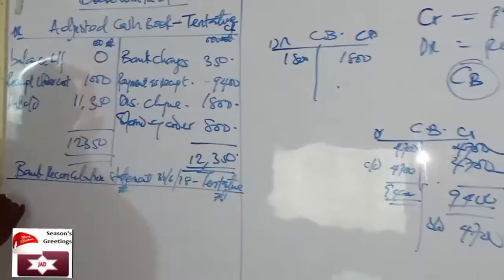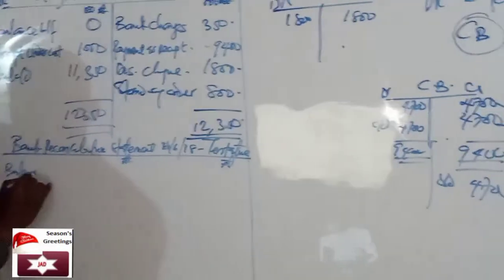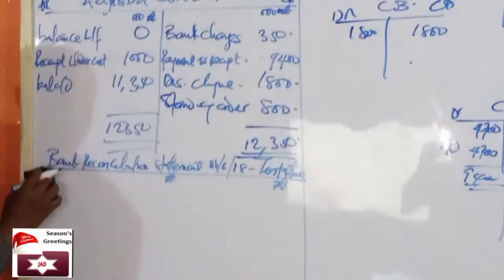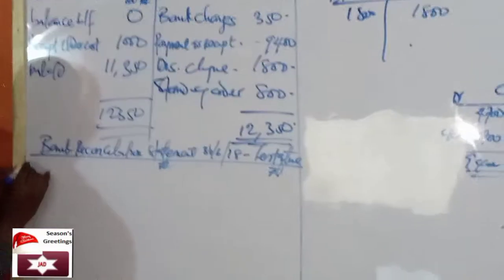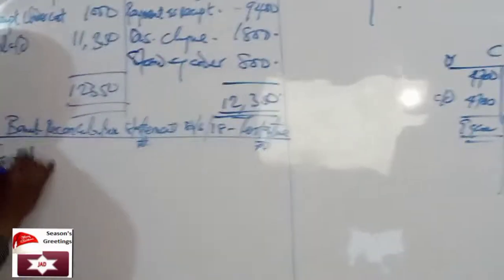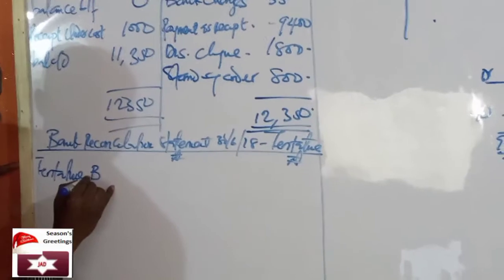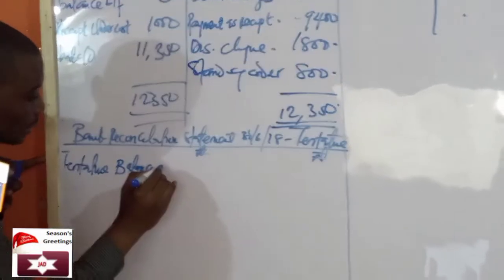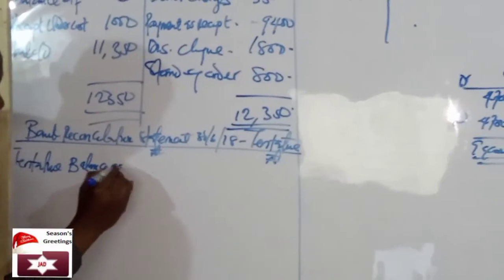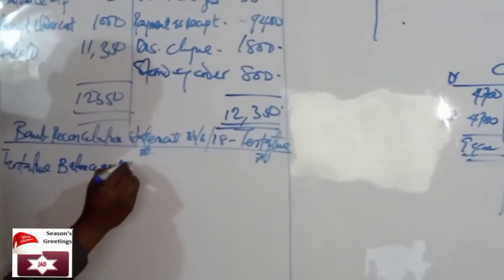So we say tentative balance as per adjusted cash book.